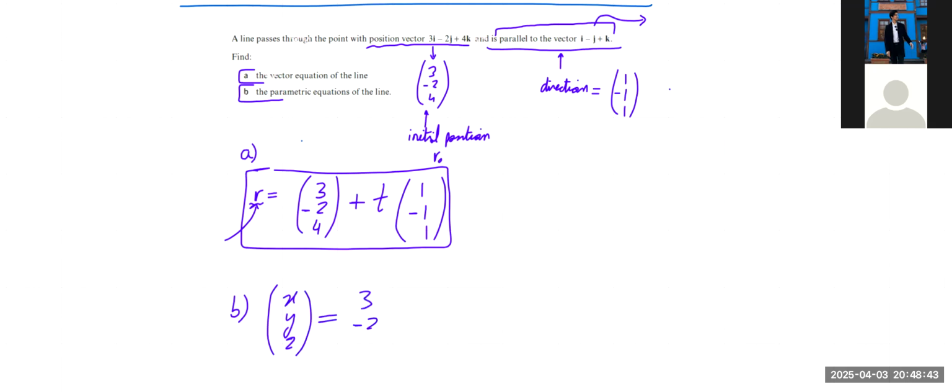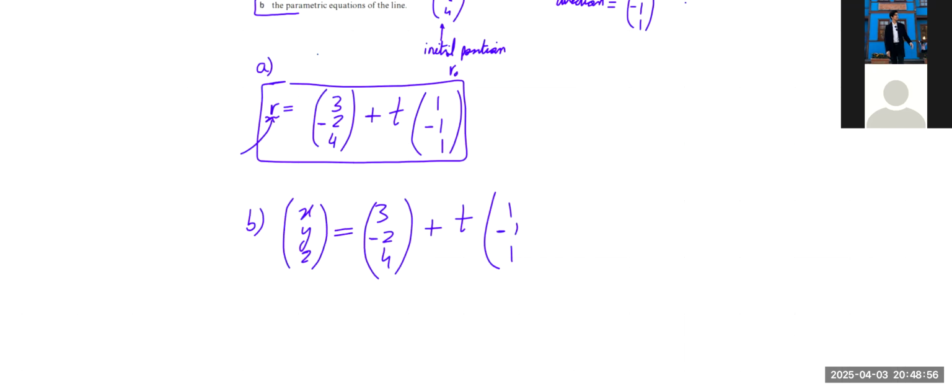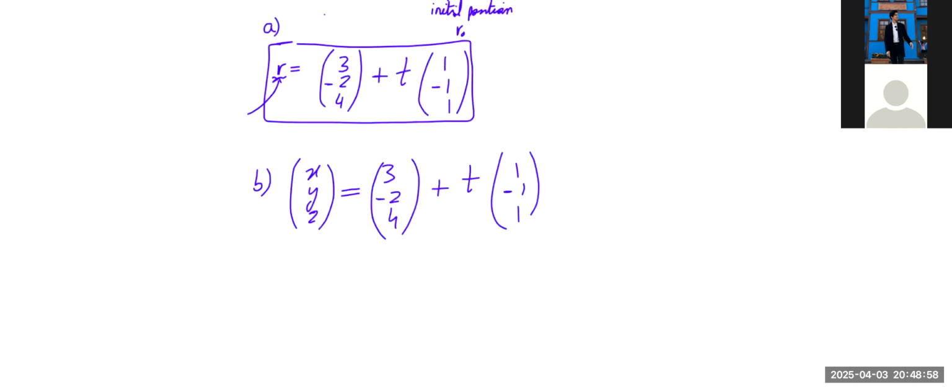Now, why is that useful? It's because you can pull out 3 separate equations, one for X, one for Y, and one for Z. X equals 3 plus 1 times t. Y equals minus 2 plus t times negative 1.